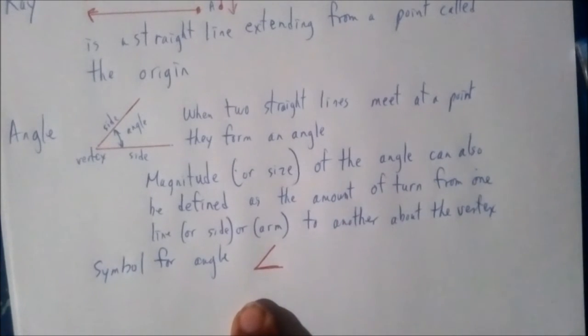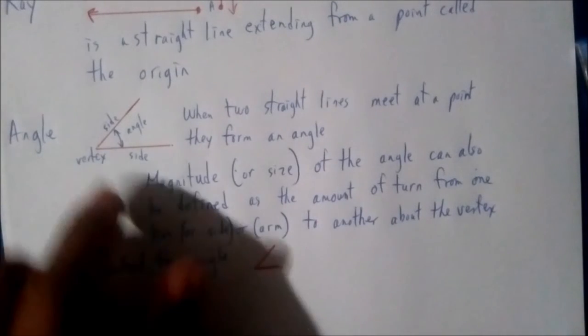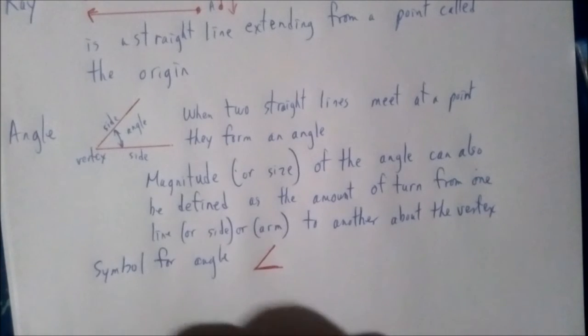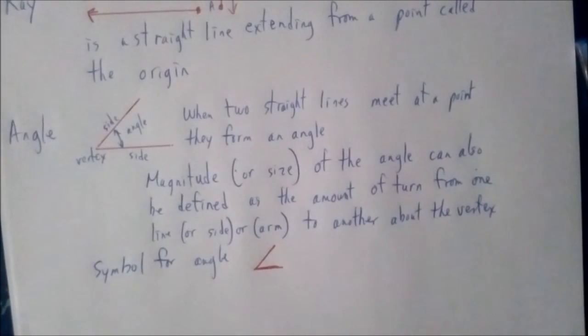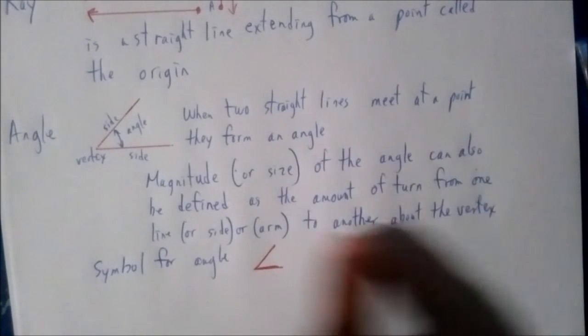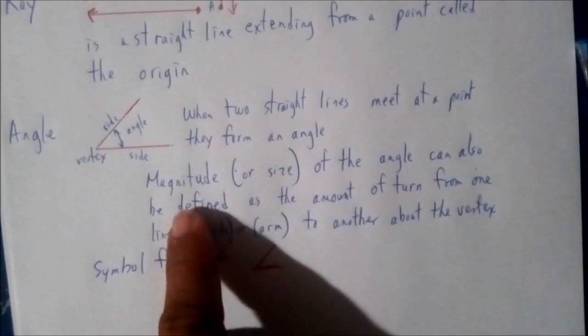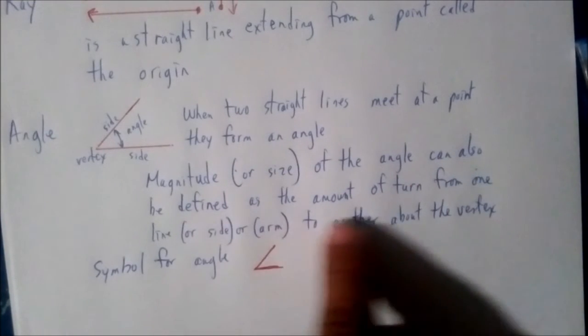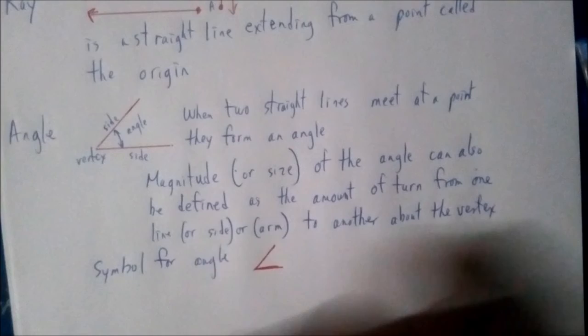Once you see this, we're talking of an angle. And we usually give it a letter also: angle A, angle B, angle C, and so forth. Because the definition says meet at a point, they form an angle, the magnitude of the angle can also be defined as the amount of turn from one line.